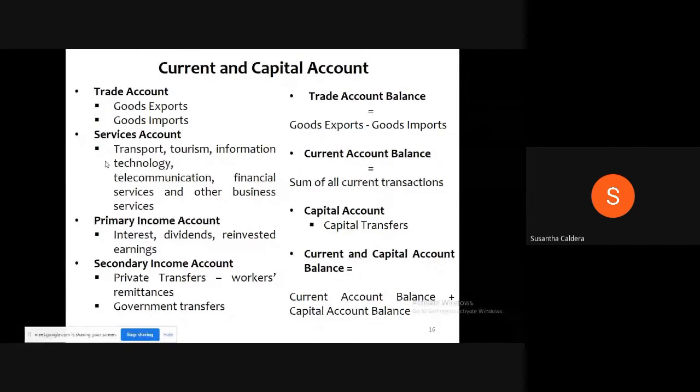Take it to your head. And what is the service account? What is the primary income account? What is the secondary income account? Then the trade account balance, current account balance, capital account, current and capital account balance. Just try to understand that. Read it carefully. 5 minutes.